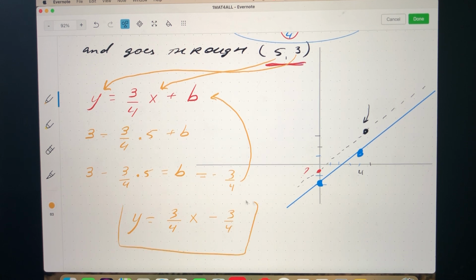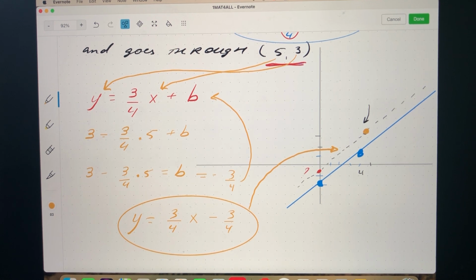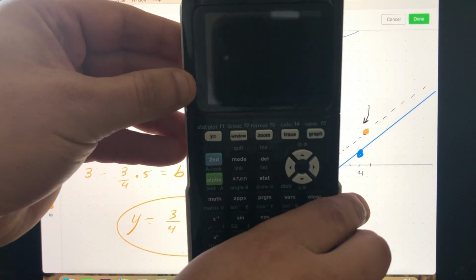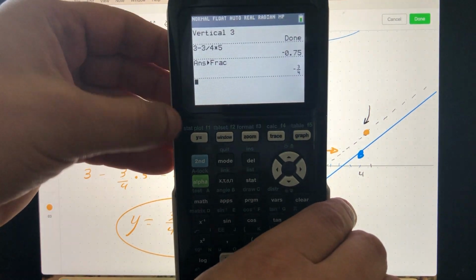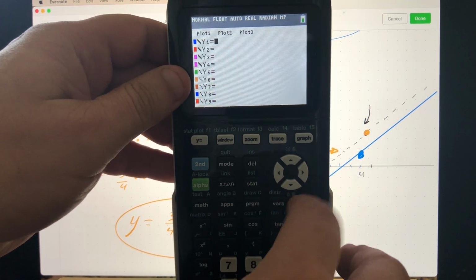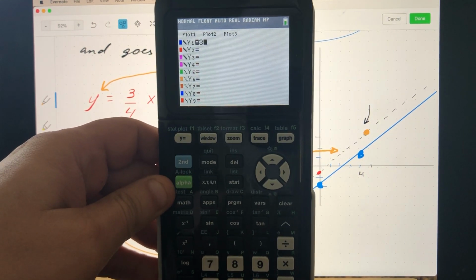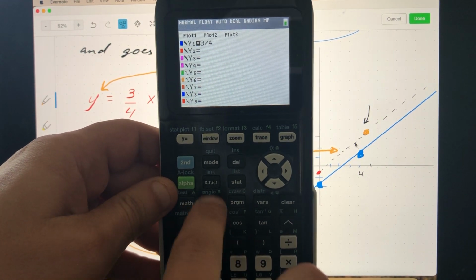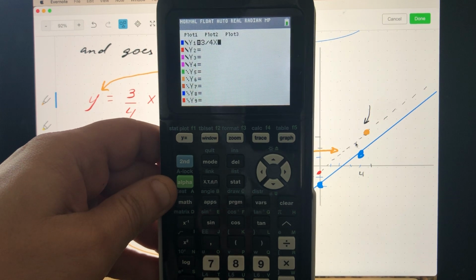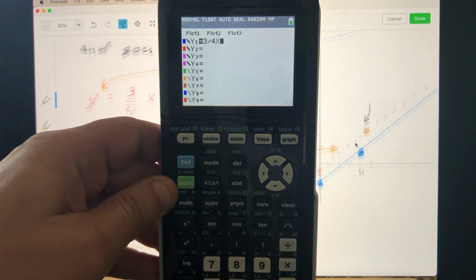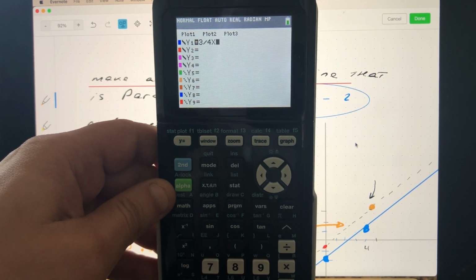So this is an equation of a line that would be parallel to the blue line and will go through our given point. So here is a sketch. Let's make a sketch for the first and for the second. So the original equation was 3/4 x minus 2.